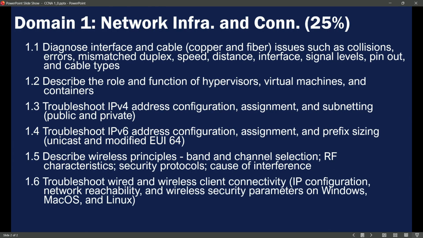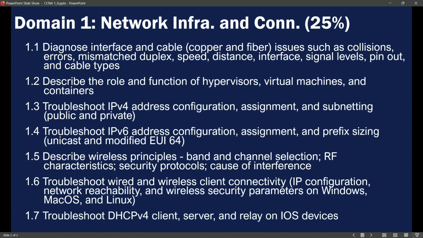And then section 1.6 is to once again troubleshoot, this time wired and wireless client connectivity. Do we have the wrong security parameters or the wrong IP configuration in our client system, and is that why we're having trouble with connectivity?